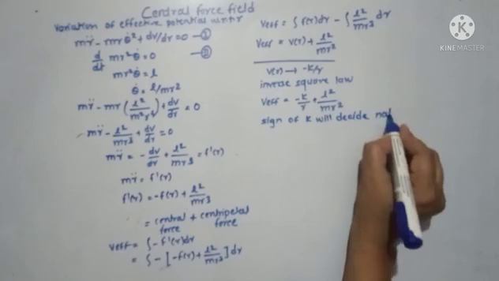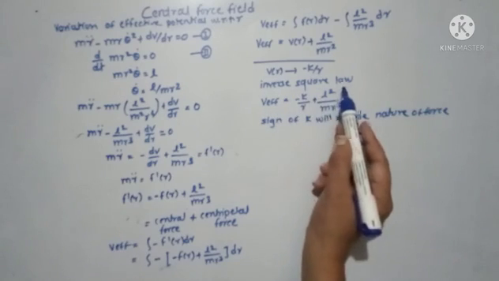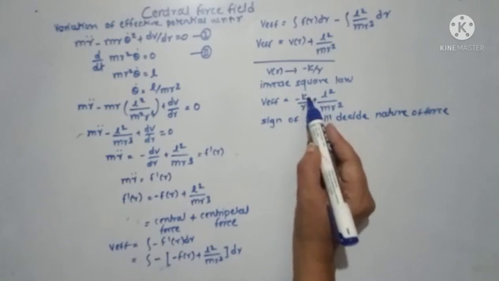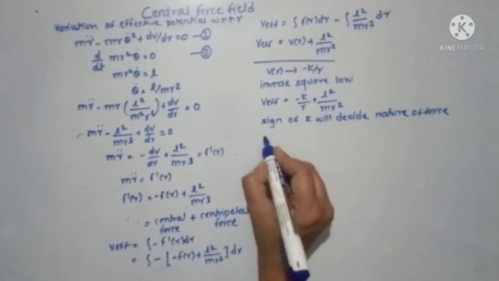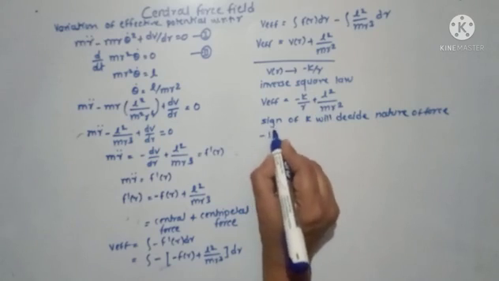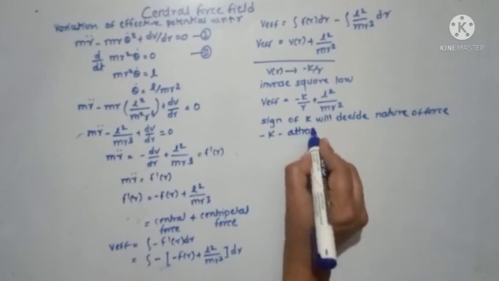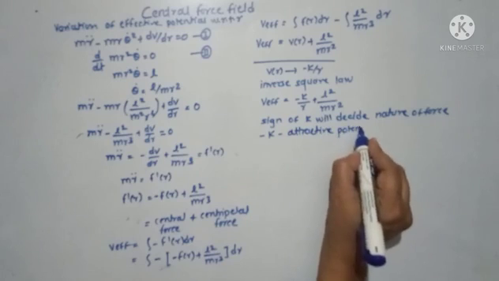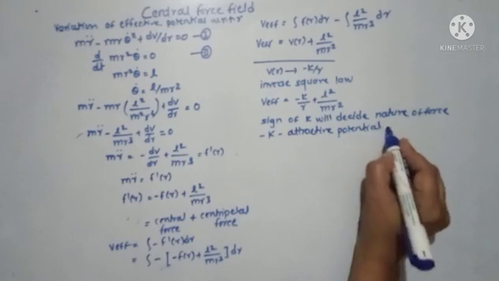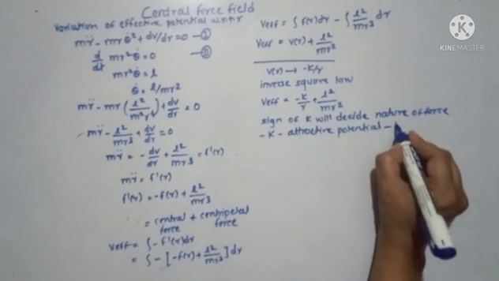We know that the inverse square law, for example the gravitational law, is an attractive potential, so we can write that negative k will represent the attractive potential, and this body will perform a bounded motion.